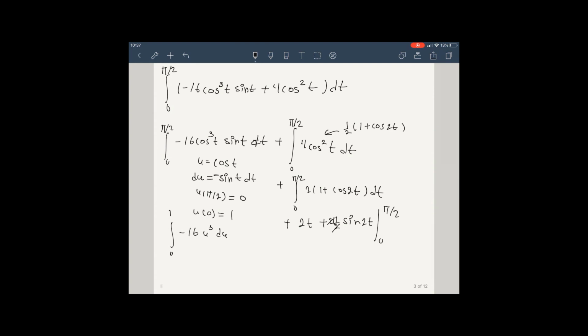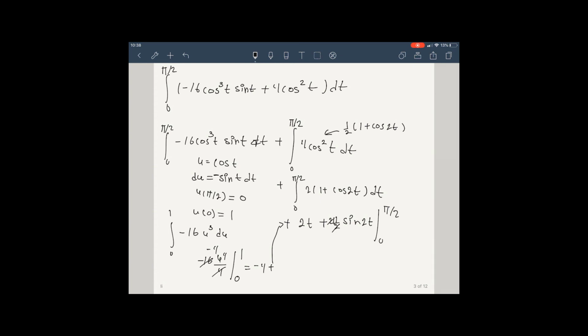And this one, integrating with respect to u, I get u to the 4th divided by 4 times negative 16 evaluated from 0 to 1. This simplifies to negative 4. And I'm adding this one with this one.